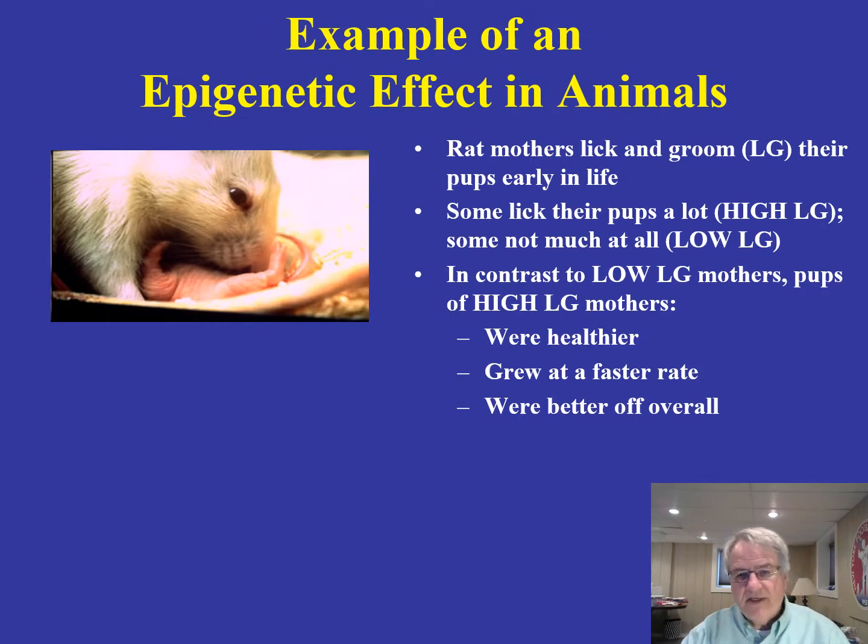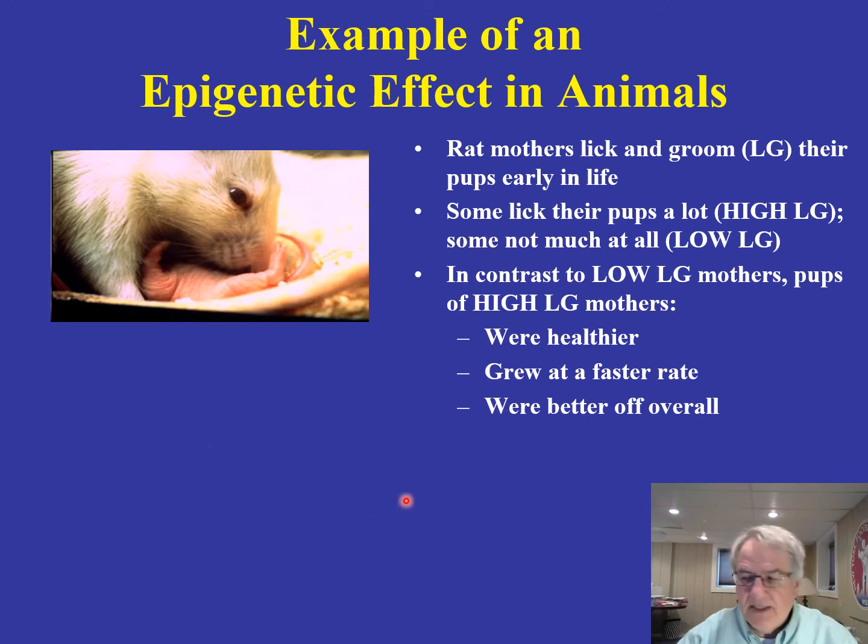So here's an example of an epigenetic effect in animals. Here you can see a mother rat that's licking her offspring. Typically they do this in order to stimulate the growth of various muscles, for example, that are involved in urinating and defecating.